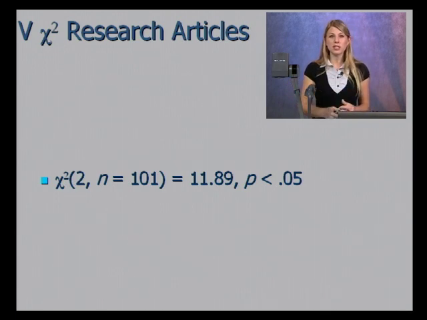So you know that there's less than a 5% chance that you would get that large a test statistic, 11.89, just by chance. So they go with rejecting the null. They decide that it probably wasn't just by chance. If this is a goodness of fit, they decide, nope, it doesn't fit. If it was an independence test, they would decide that the two variables depend on each other. They're not independent.